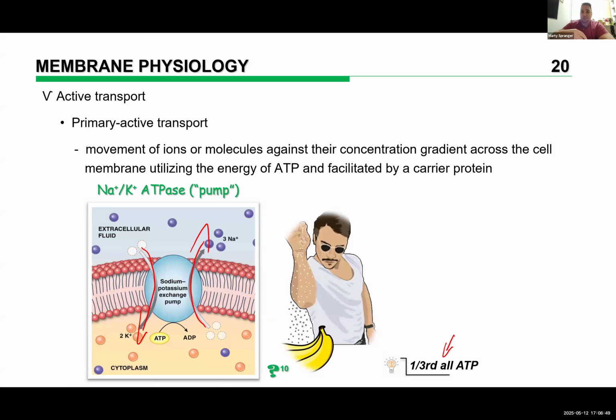Sodium out, potassium in. But what I'm saying is, and thank you for bringing up your inquiry, once sodium's on the outside of the cell and potassium's on the inside of the cell in these huge gradients, then we're going to let them come in and out of the cell respectively down their concentration gradients.